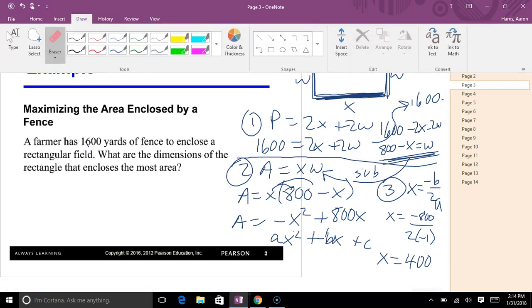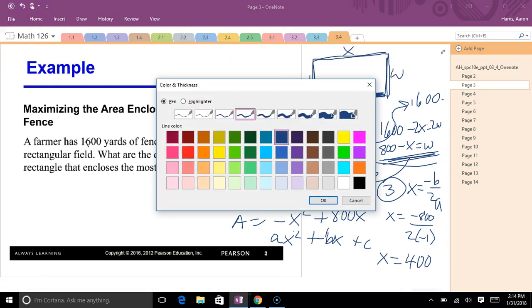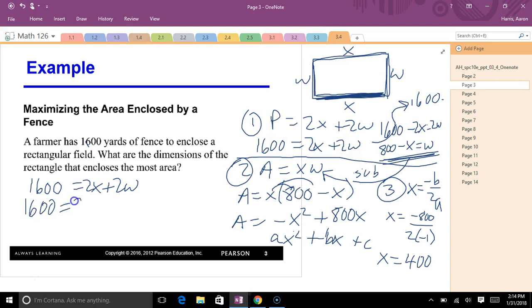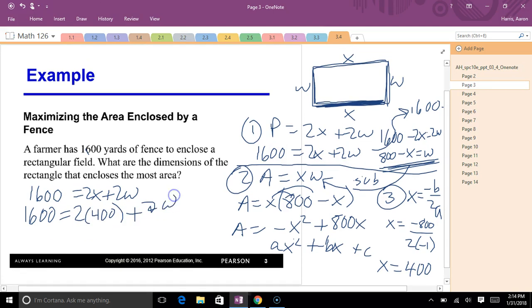So now if x is 400, let's go back to our perimeter. 1,600 equals 2x plus 2w, and then we can find our width so that we have our dimensions. Our length has got to be 400 yards. Oops, that's a 2w right there.